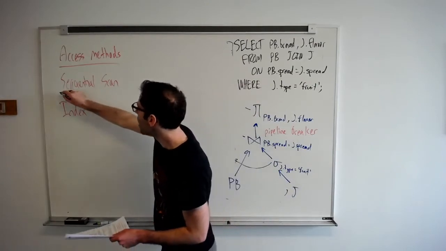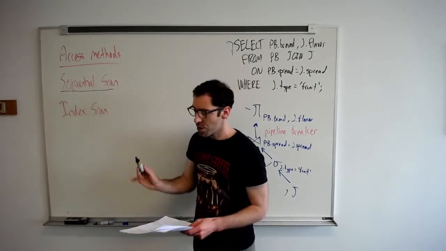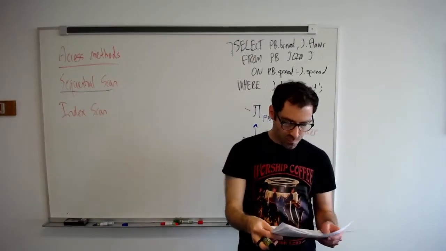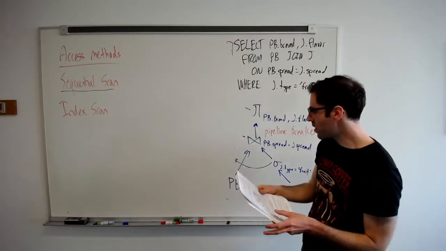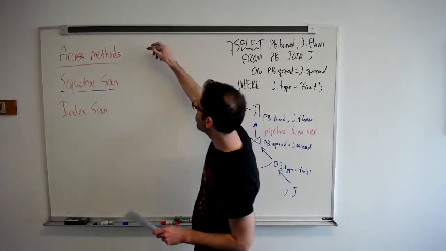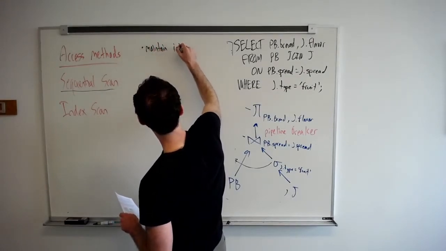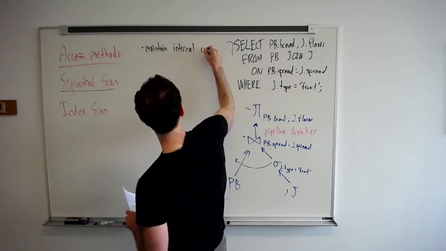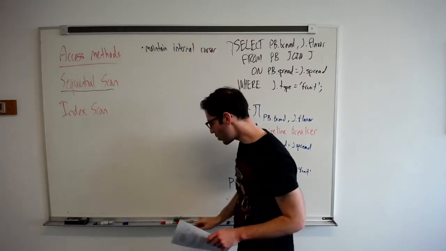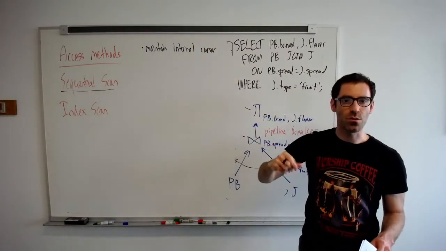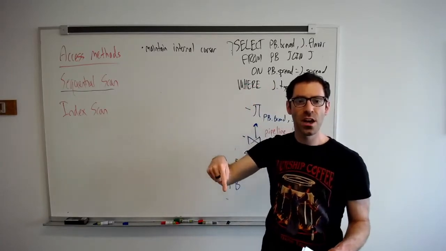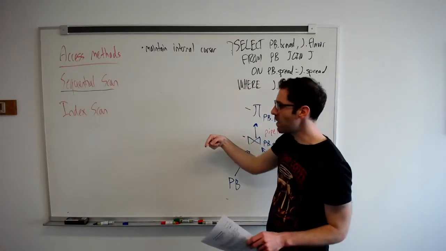But let's talk a little more about the sequential scan first. This is going to maintain an internal cursor as it scans through, keeping track of where it is in the data files.